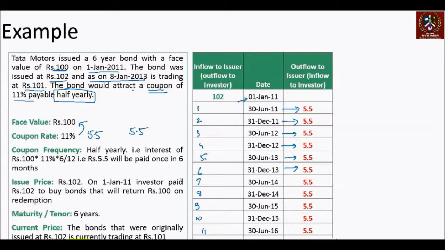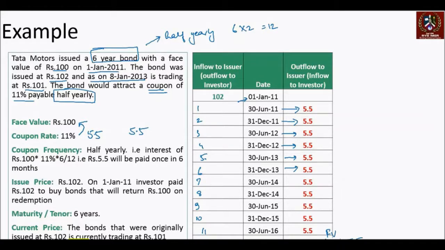That's 12 because this is a 6-year bond paying half yearly, so 2 payments a year, 6 into 2 is equal to 12. 5.5 each period is going to be paid. The last period is going to be 100 plus 5.5, 100 being the face value of the bond that gets redeemed.